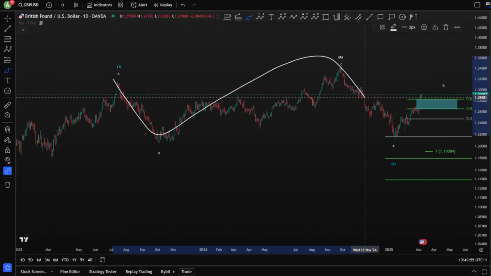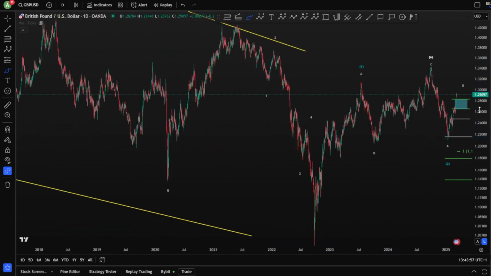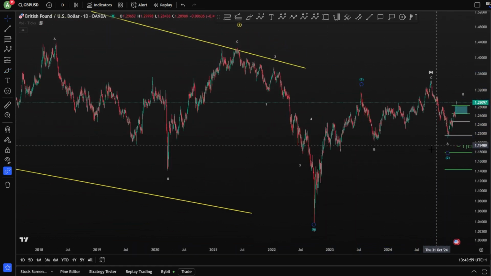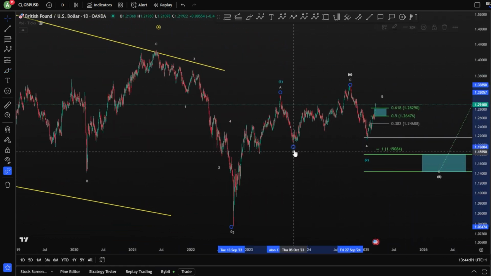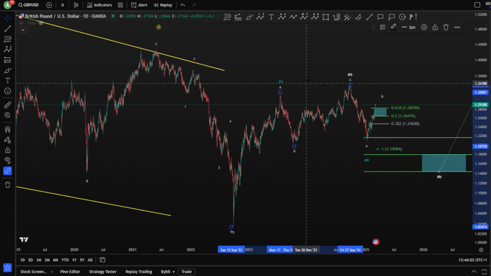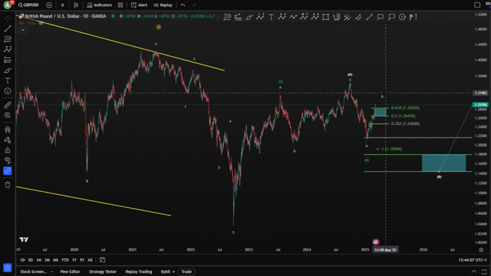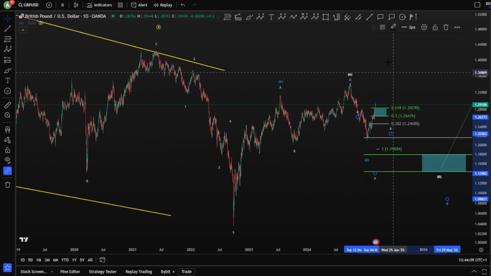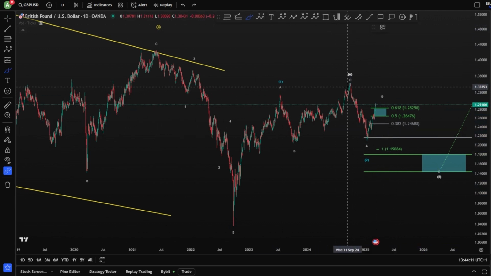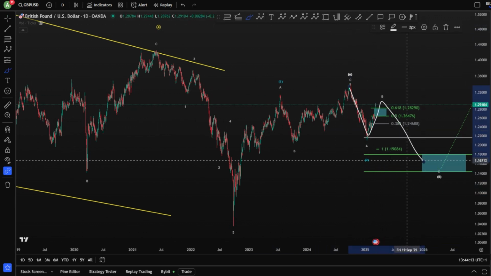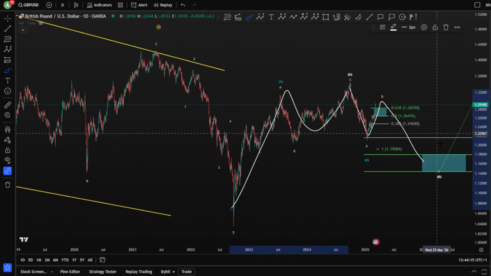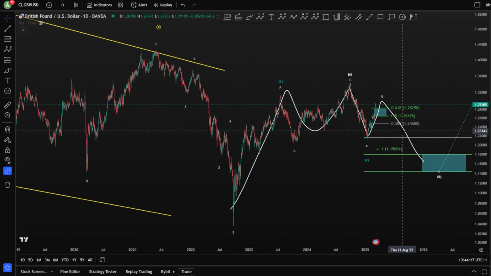This is a W, X, and a Y, where you have finished a wave 2 or another wave A here. So as we're talking about A, B, and a C toward the downside, meaning more correction, A, B, and a C after 3 waves up, and then moving again with a new bullish scenario.